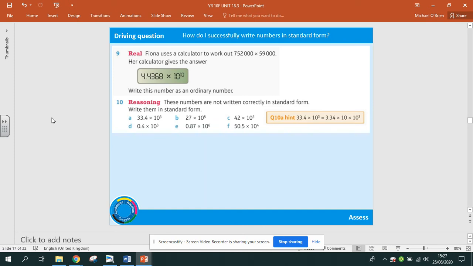So if you move the decimal place over to the right one place, you add 1 to the power. If you move the numbers to the left one place, you subtract 1 from the power. So have a go at those, please. You may wish to replay the lesson there and go over that point again, but give those a go.